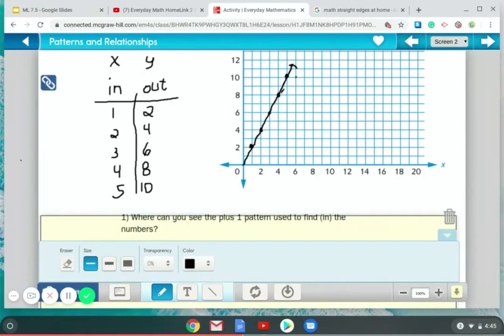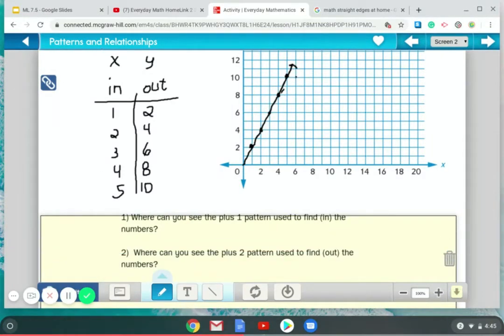Okay, class, let's go ahead and take a look at this example in a little bit more detail. As you can see, I took the in and out table from the previous slide, and I moved it over. The table represents the in and out of the corresponding terms, 1, 2, 2, 4, 3, 6, 4, 8, 5, 10. Now, remember, these are from your math message.